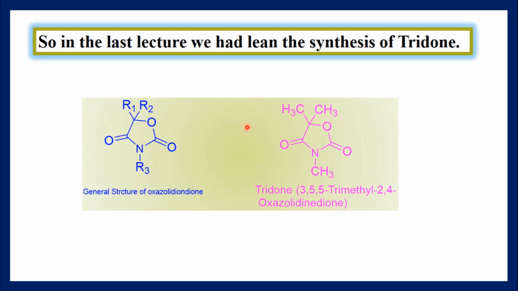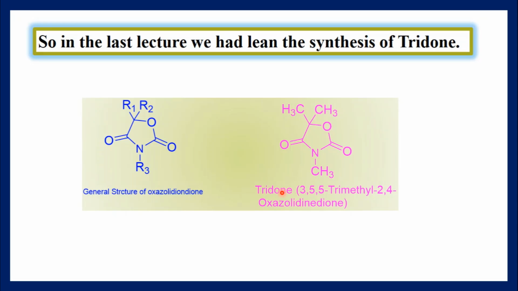In the last lecture, we also learned its synthesis, which starts with acetone. When acetone reacts with hydrogen cyanide in presence of a suitable solvent, a nucleophilic addition to the carbon-oxygen double bond takes place.